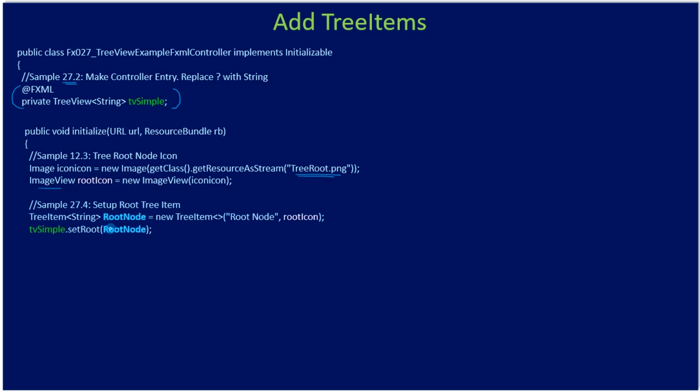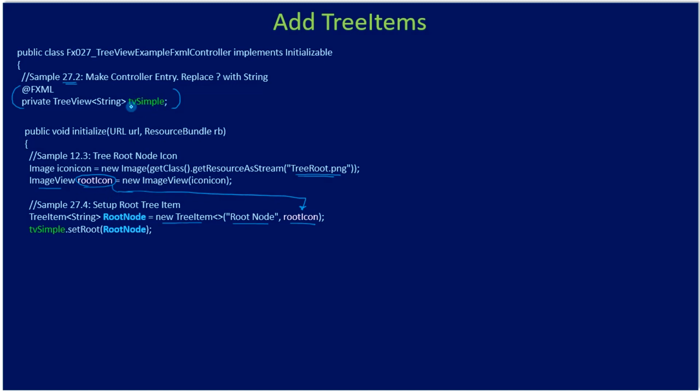Next, when we are constructing the tree item, new tree item, the first parameter we are passing here is the name of the tree item, and the second one is our icon. Here we constructed the icon, right, and we are giving that image view to the constructor of the tree item.